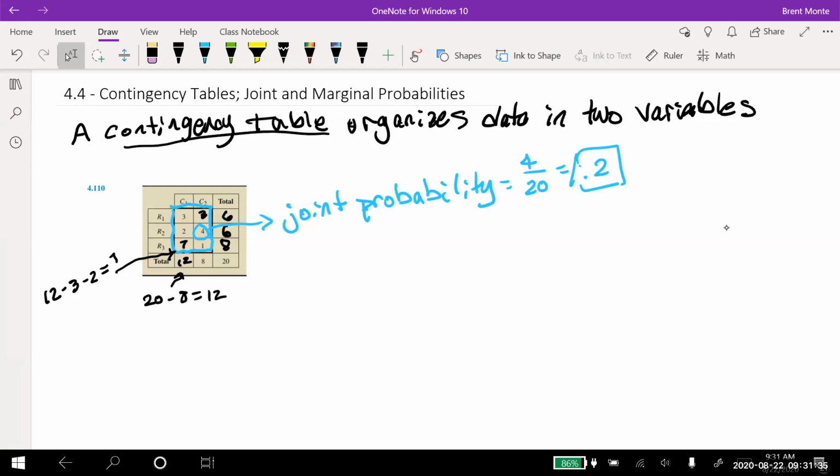A marginal probability is what we get as a total from either a row or a column. So if we take, for instance, this 8 down here, that's going to be a marginal. We can get the marginal probability from that. And that would be 8 out of 20, or 0.4.